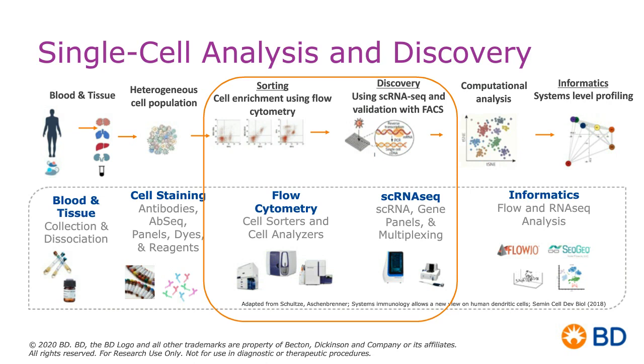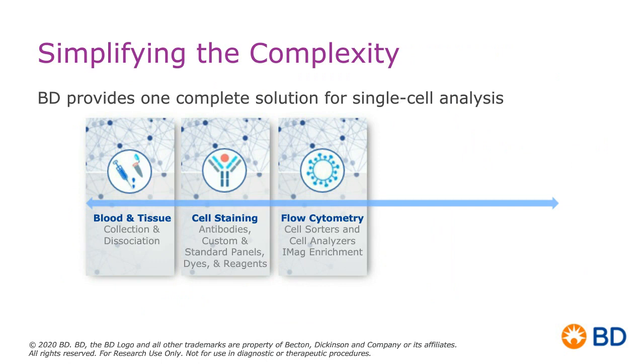So today, really what we're going to be talking about is how do we simplify the complexity? These experiments can become very complicated, or at least they may seem complicated. But once you understand what the workflow is and what it's like to go through this process, hopefully you can have confidence to be able to perform these types of experiments. Because when we think about these end-to-end solutions, we cover blood and tissue collection.